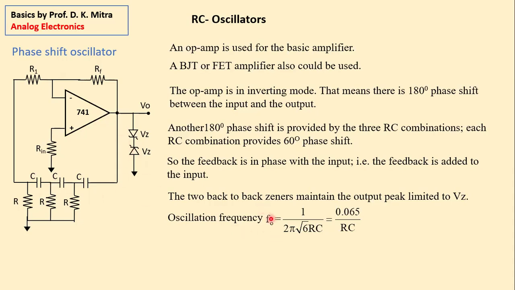The oscillation frequency is 1 upon 2 pi root 6 RC, which comes to 0.065 by RC. You remember this relation, 0.065 by RC. And also, RF by R1 has to be more than 29. These are the two relations you remember so far as the phase shift oscillator is concerned.